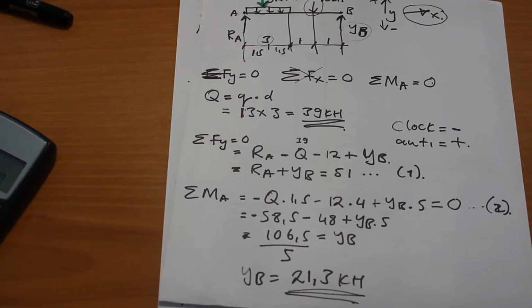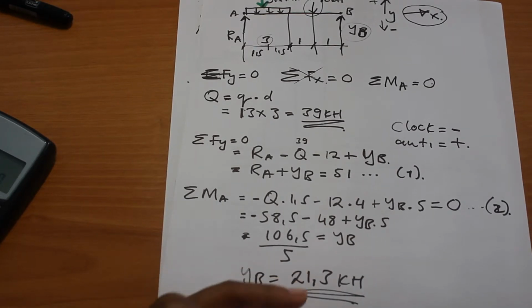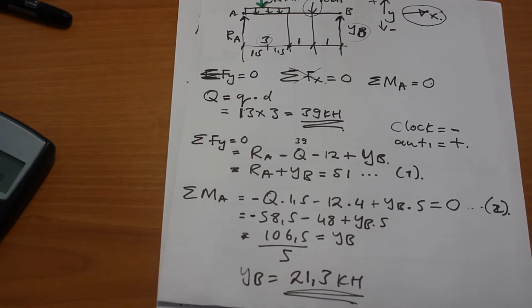So if we divide 106.5 by 5, we are getting 21.3.